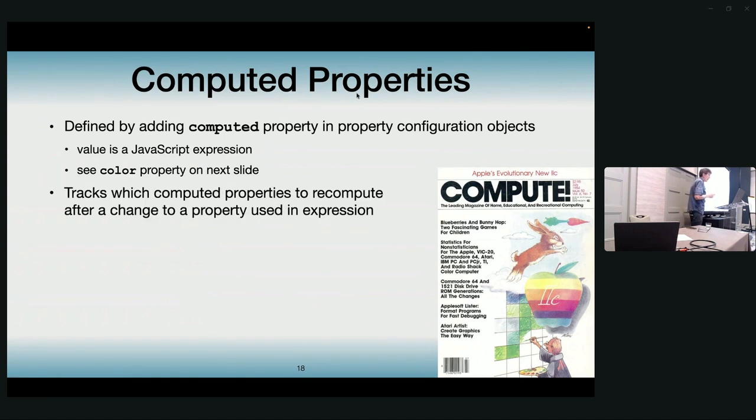Well, rec tracks all the properties that a computed property uses, and it recomputes it anytime those change. It detects dependency cycles. So you could try to make this thing fall into a loop where property A depends on B, and B depends on C, and C depends on A. But rec detects that, and it will throw an error if you do that.